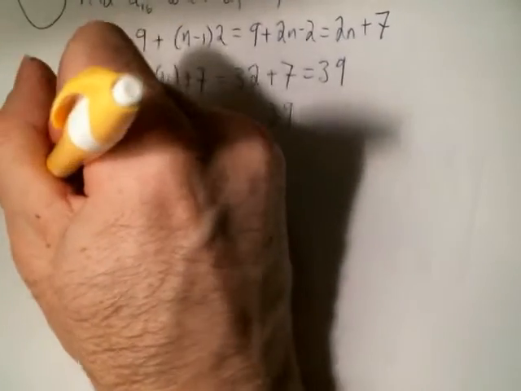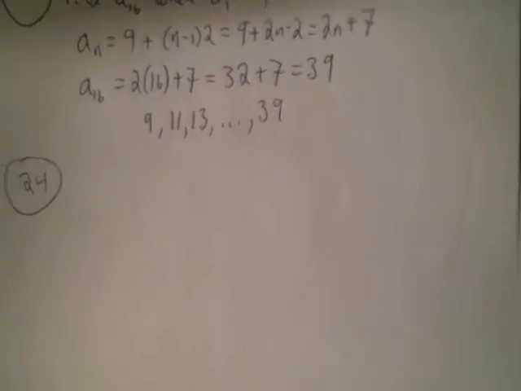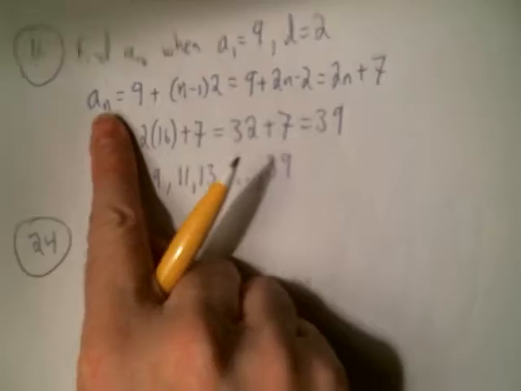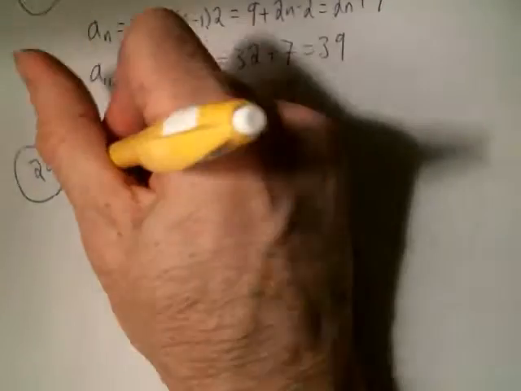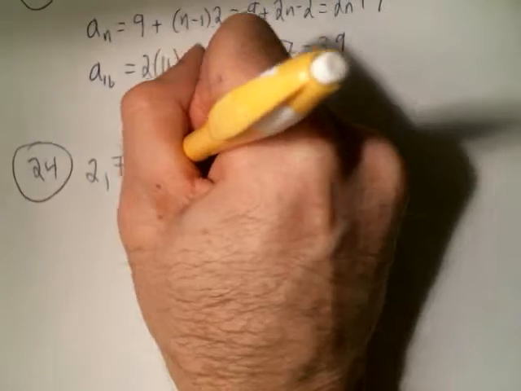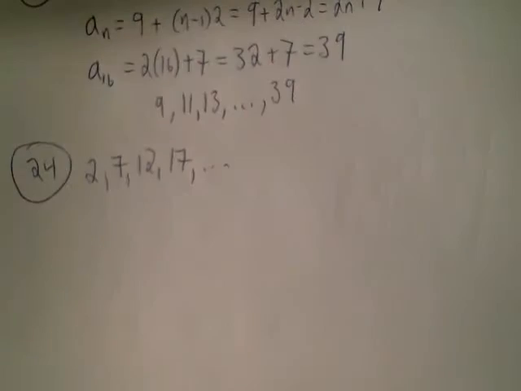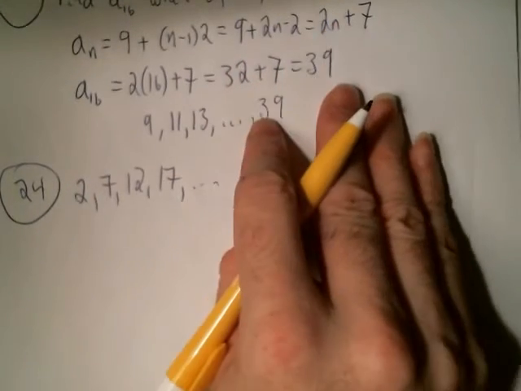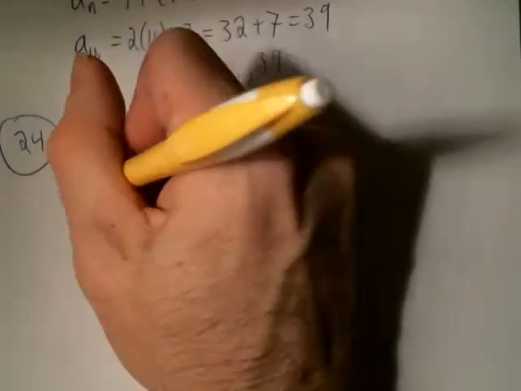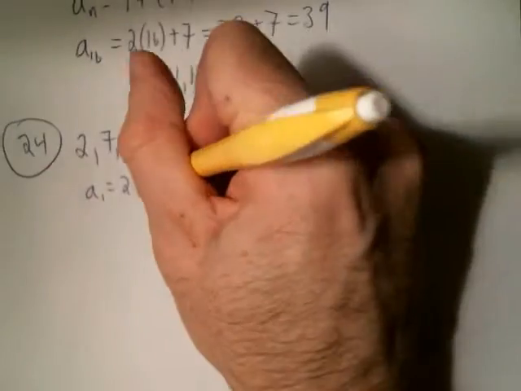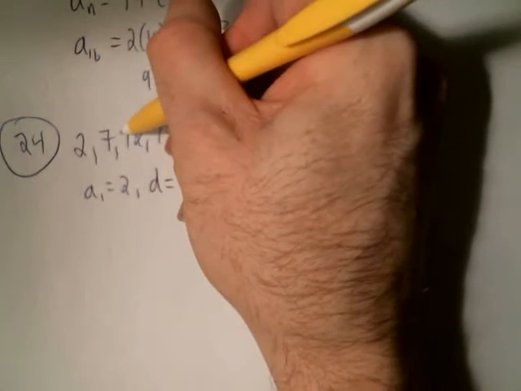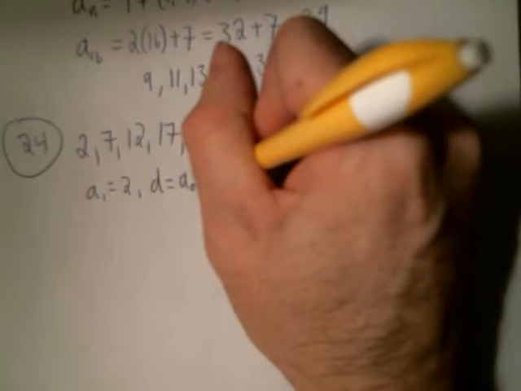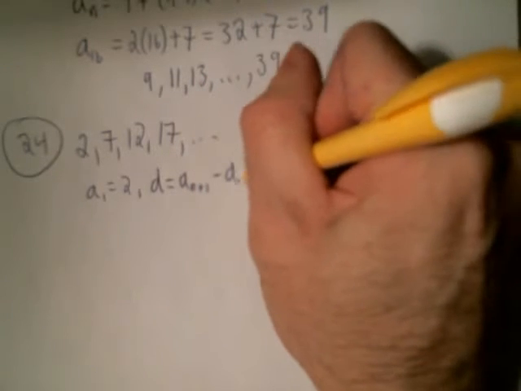So let's look at 24. Find the formula for the general term. Okay, so we're looking for this a sub n formula in these problems. We have 2, 7, 12, 17, and so on. For the a sub n formula, we need two things. We need a sub 1, and we need the difference. So the first term is 2. The d term, you just take the difference between a sub n plus 1 and a sub n.